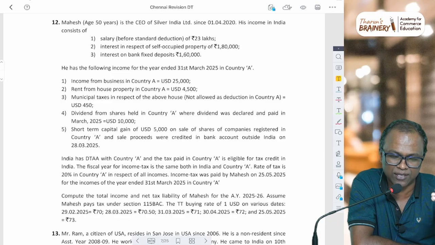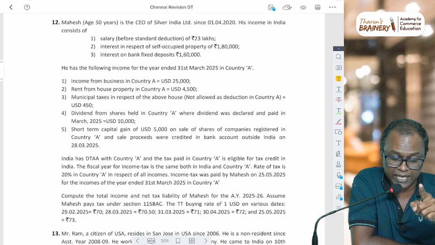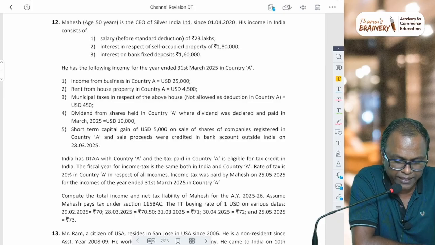So first we should calculate the tax in foreign currency. Simply, we can calculate the tax in foreign currency. Rent 4,500 plus. Remember, municipal tax paid in that country is not allowed for that country's tax. So 4,500 plus, dividend 10,000 plus, short-term capital gain 5,000. So what is the total? 4,500. And again there is another income from business also, right? 25,000.